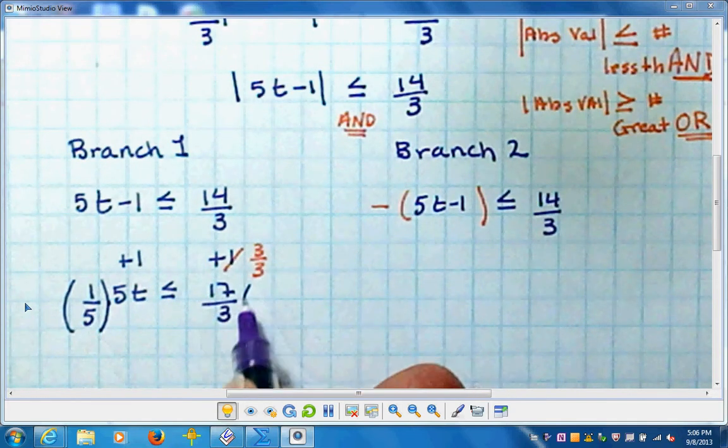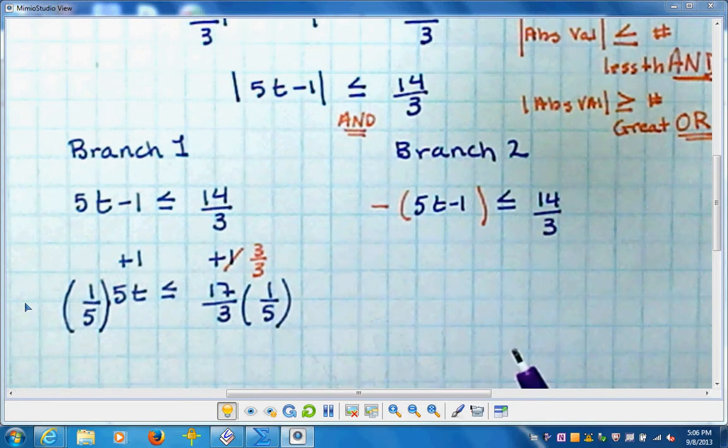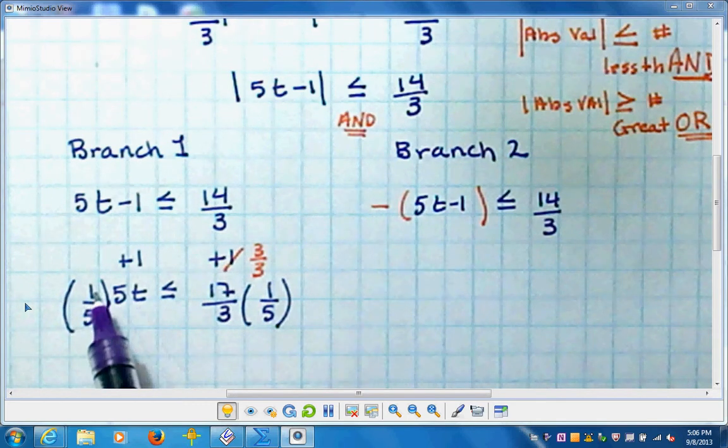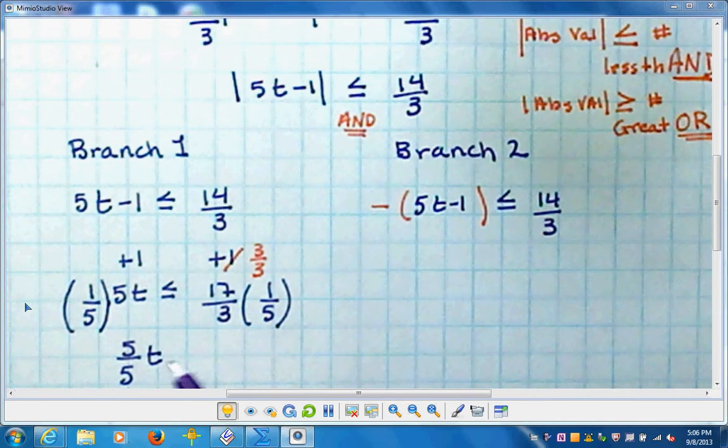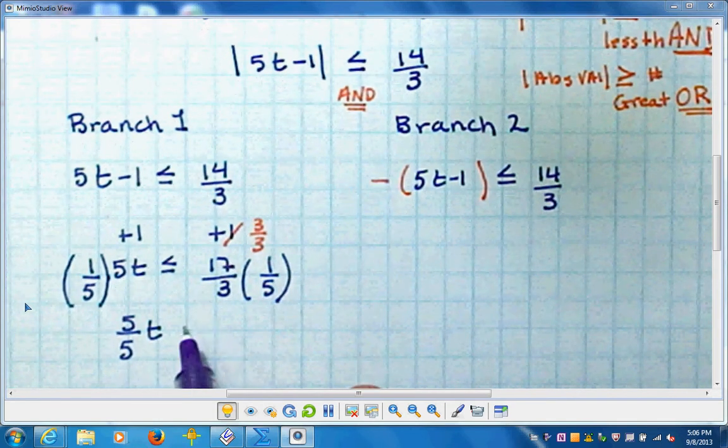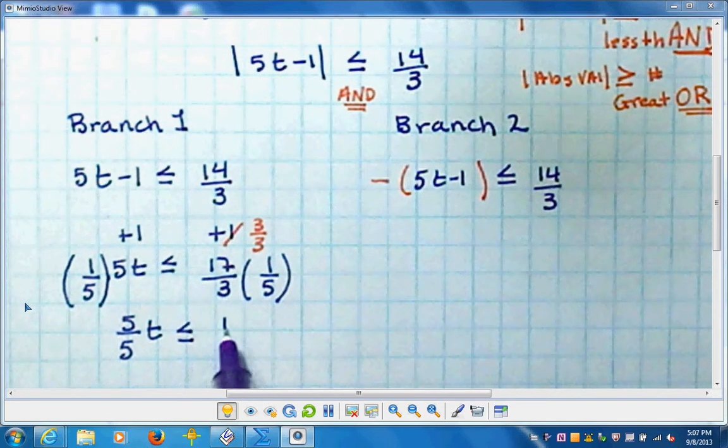So then I'm going to multiply by 1/5 over here. So this is the same as 5 over 5, because 5 times 1 is 5, divided by 5. I'll go ahead and write that out like this: 5 over 5, right? Isn't that what you would have written if you were dividing by 5? Which is less than or equal to 17 over 15.